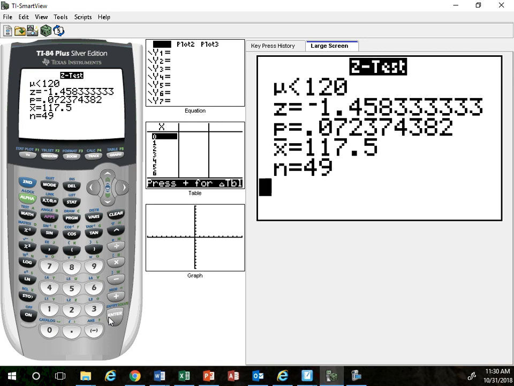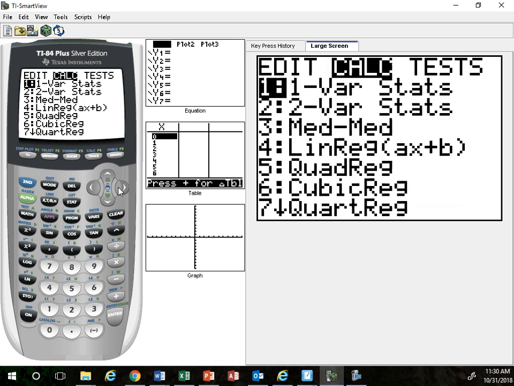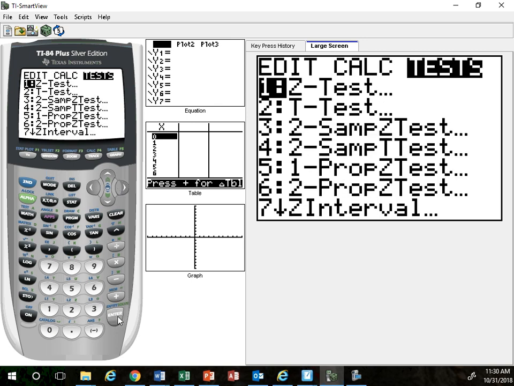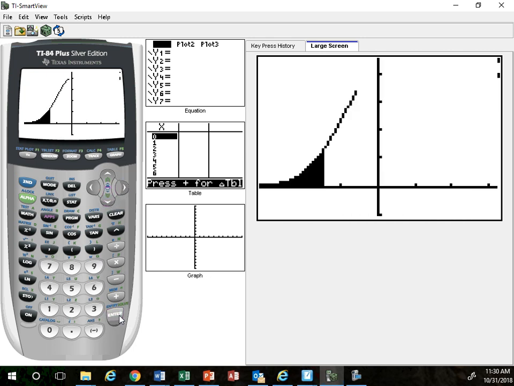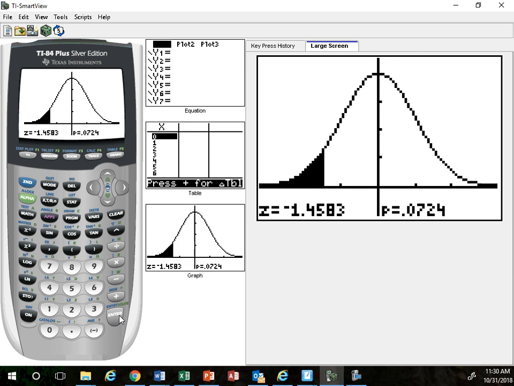The other thing that's really helpful for this, go back and do it again. Go stat, test, z-test. But now go down to the bottom, and instead of calculate, I'm going to pick draw. Wow! Should you ever screw up a picture again?